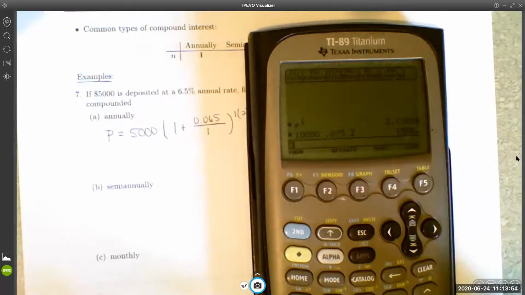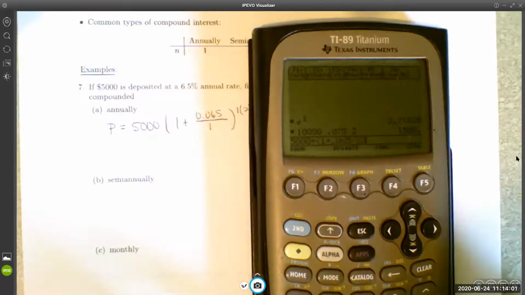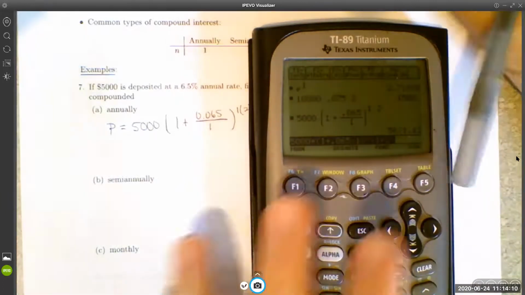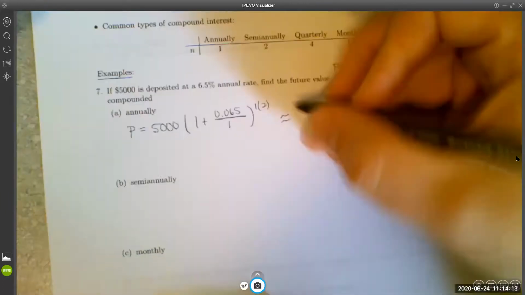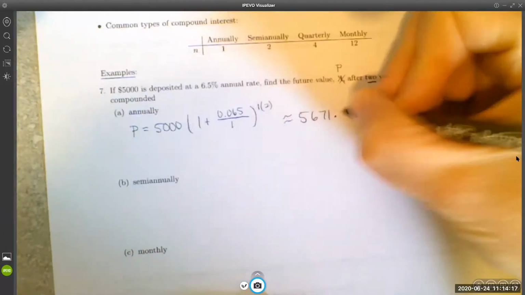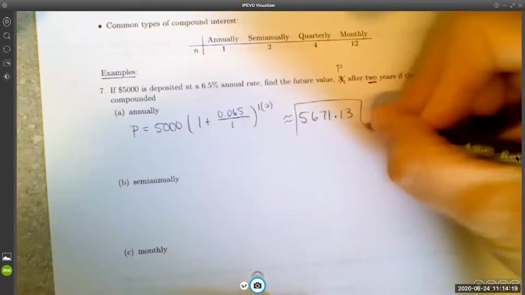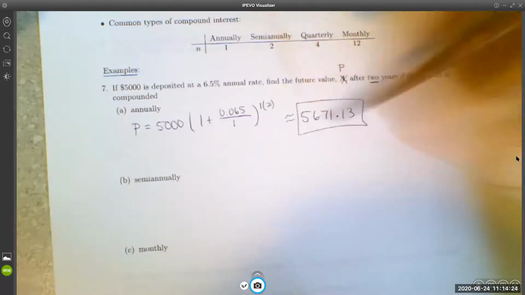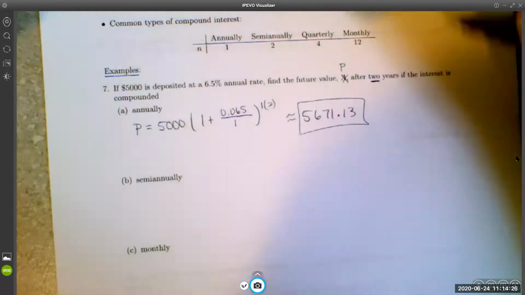So 5,000 times (1 plus 0.065 over 1) to the power of 1 times 2 gives $5,671.13. Not bad. You made about $600 after 2 years.